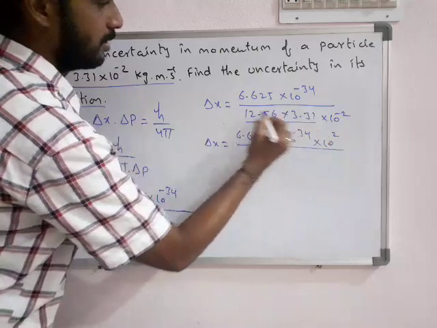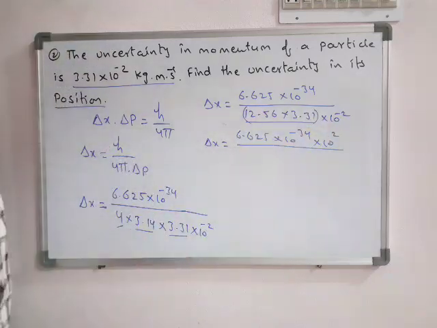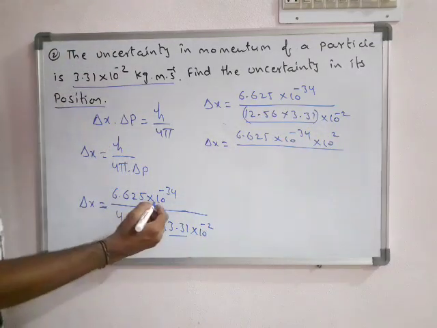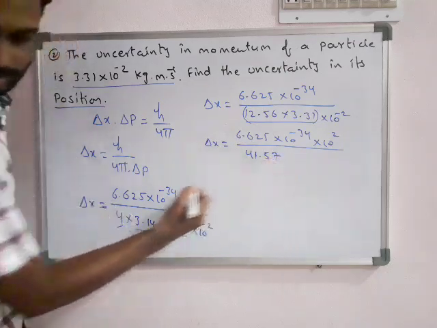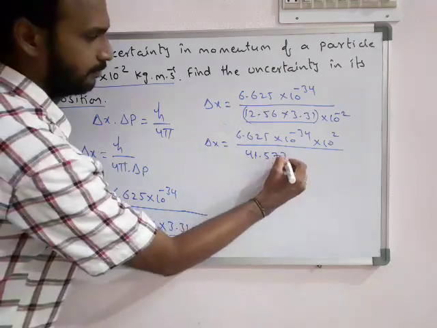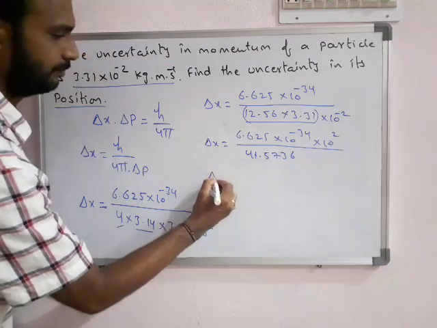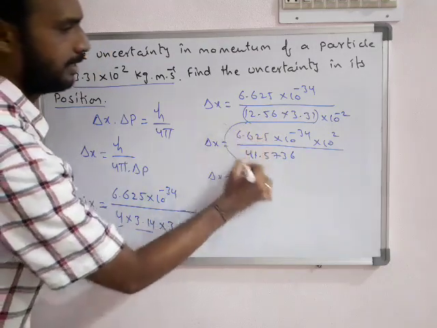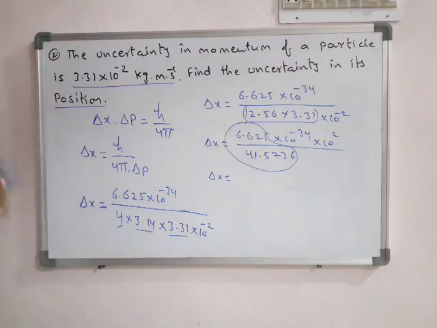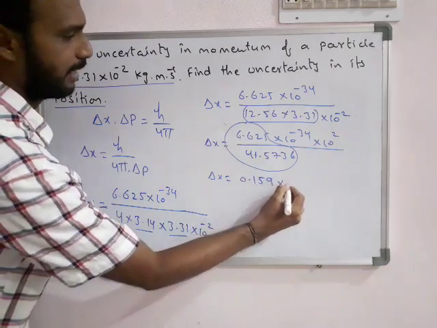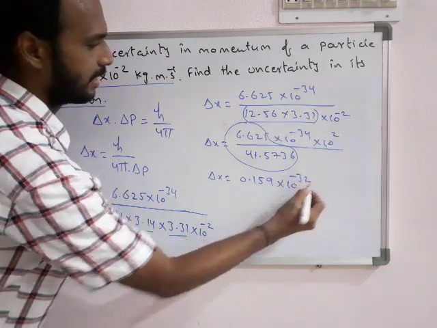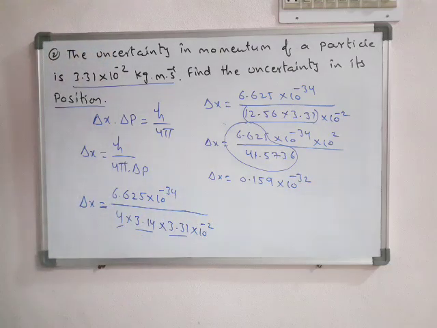Okay, so on this calculation, approximately we will get 41.57. Again, on this calculation, we will get approximately 0.1592 into 10 power minus 32.